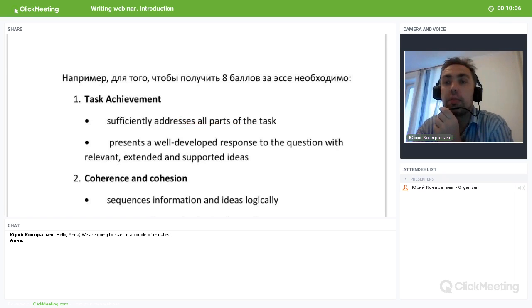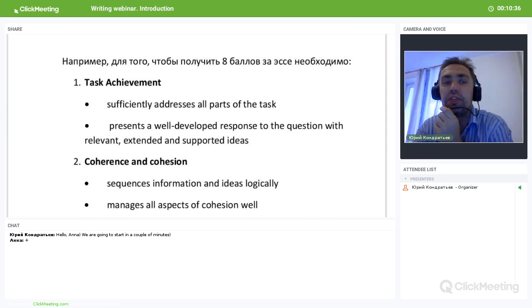So it means that he should answer all parts of the question, and sufficiently. He presents a well-developed response to the question with relevant, extended, and supported ideas. We're going to discuss how to answer the question, how to extend your ideas, and how to support your ideas when we discuss how to write main body paragraphs. Coherence and cohesion.